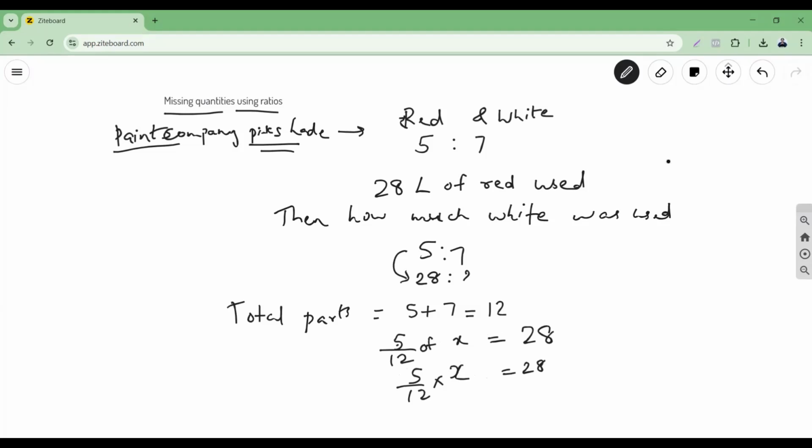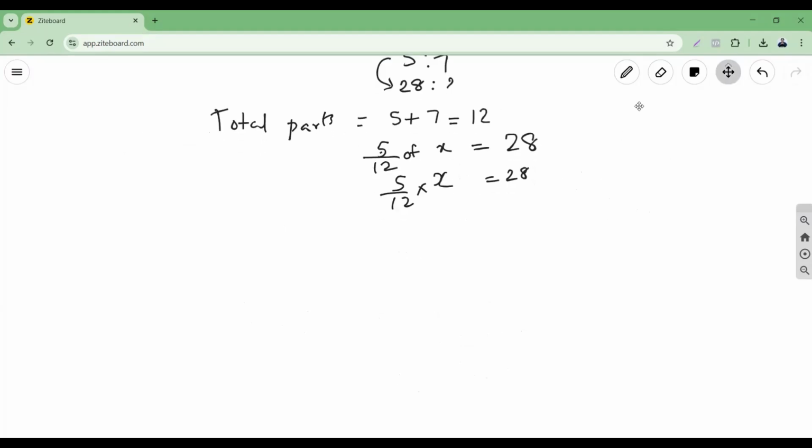We can, of course, use algebra also. When we use transposition, the 5/12, when it comes to the other side, gets divided. 28 divided by 5/12 is nothing but 28 multiplied by its reciprocal.